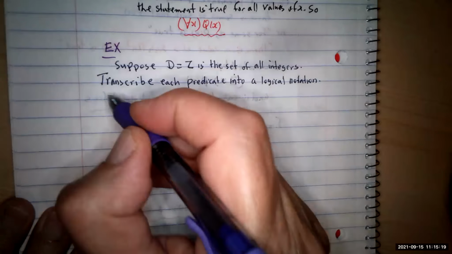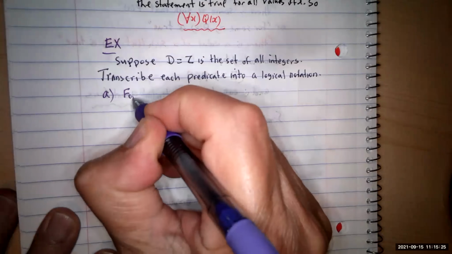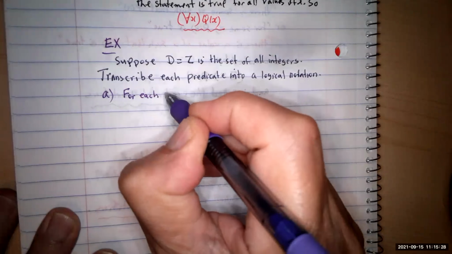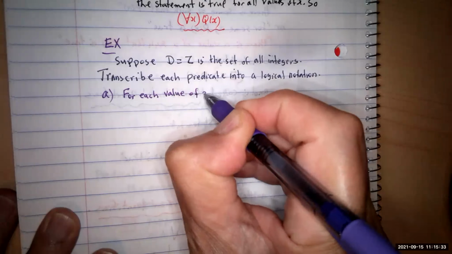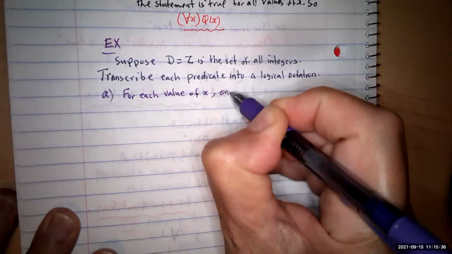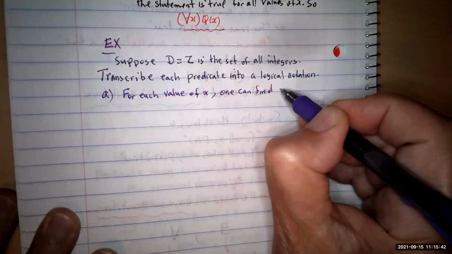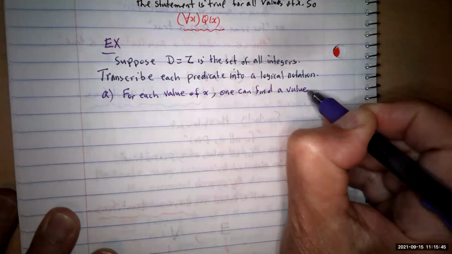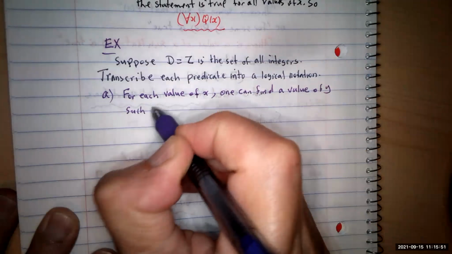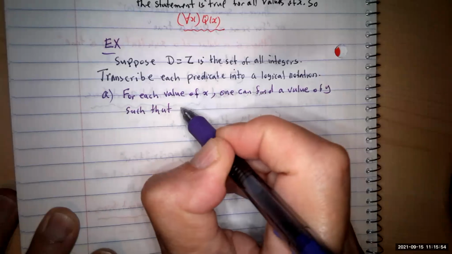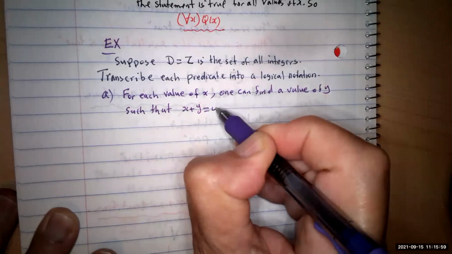Let's start with number one, part one. This is the given one: for each value of x, one can find a value of y such that x plus y is equal to 0.